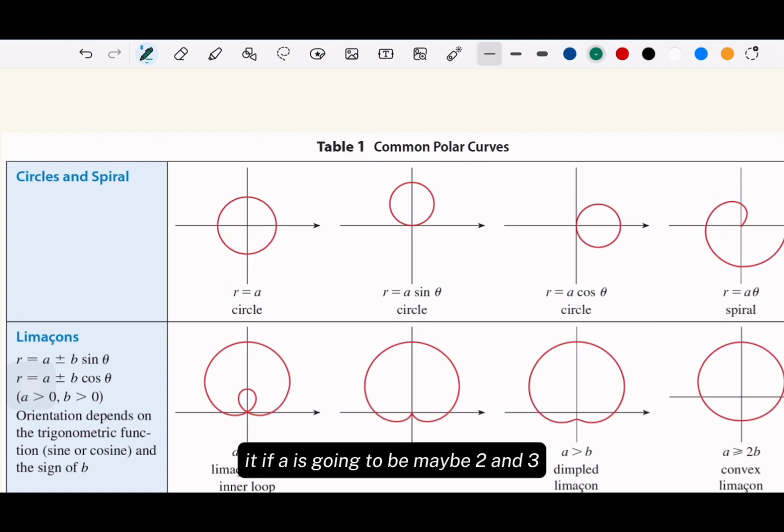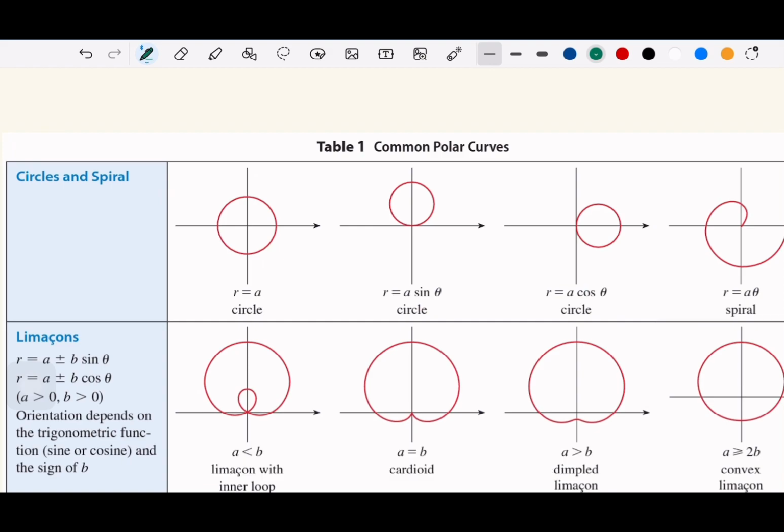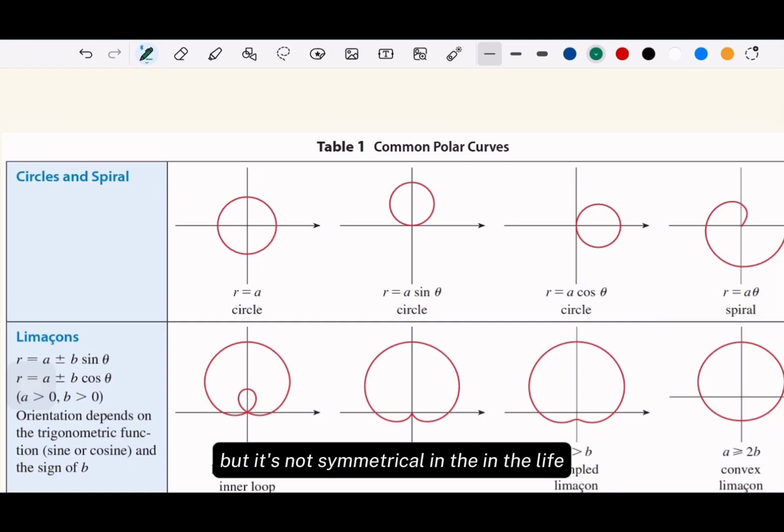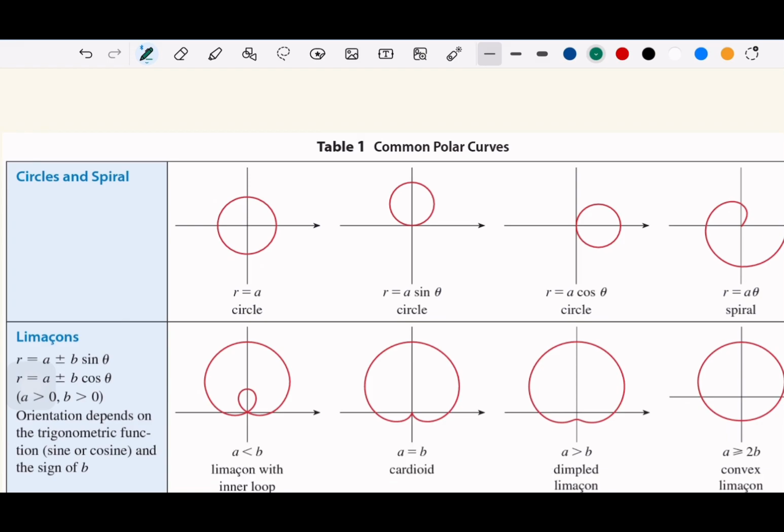If a is greater than b, maybe 2 and 3, this will be a dimpled limaçon. And if a is greater than or equal to 2b, it will be a convex limaçon. So it's like a circle, but it's not symmetrical in the y-axis, right? That's the limaçon.